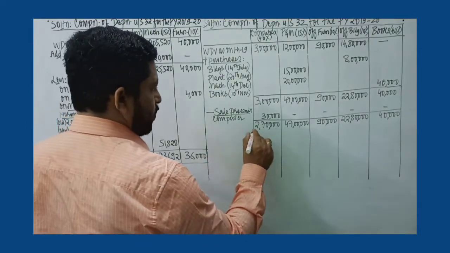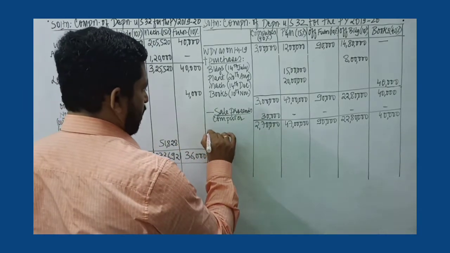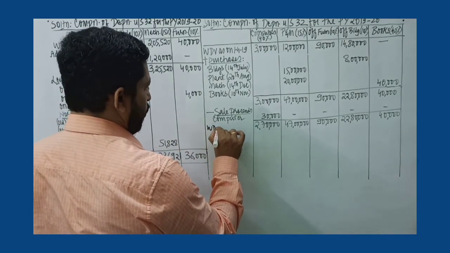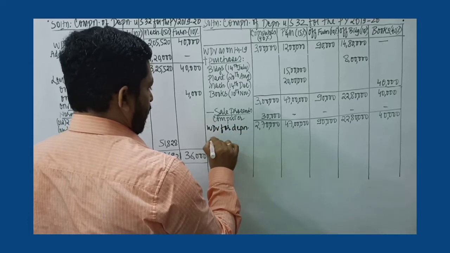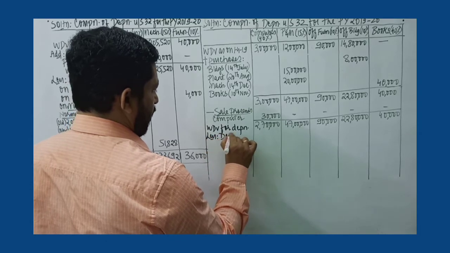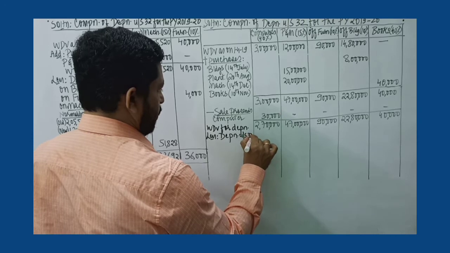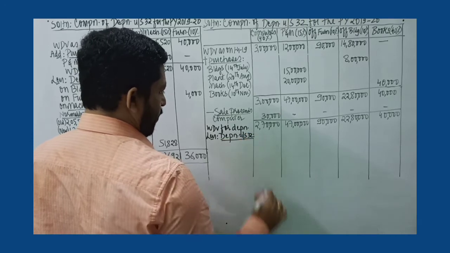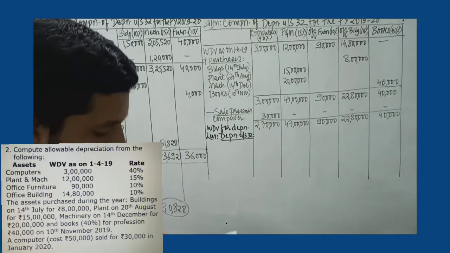So these are the values, 2,70,000. So this is the written down value for depreciation. Then we have less depreciation, that is under section 32. Now we'll take each of the assets in detail.